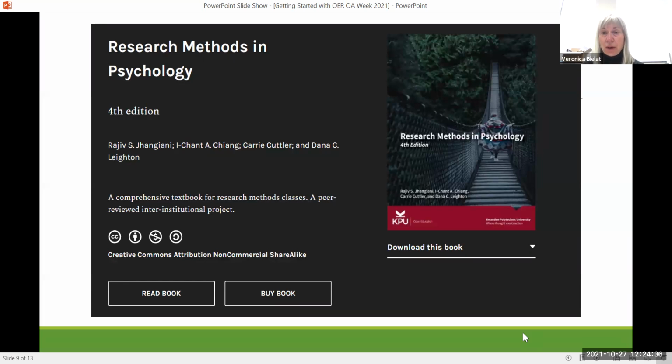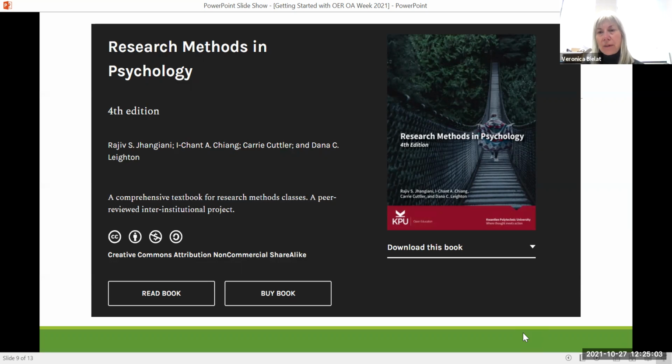So what she ended up doing, this particular book has a Canadian version. It was initially developed by BC Campus, which is the British Columbia open textbook project that they have. So she added 30% more content. She trimmed text she didn't need.